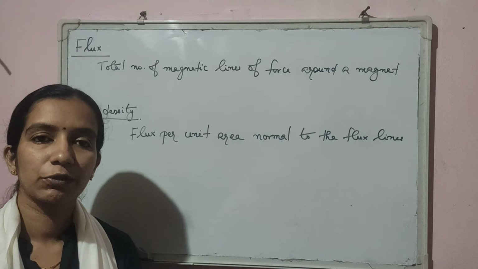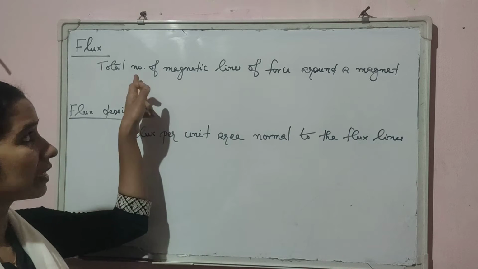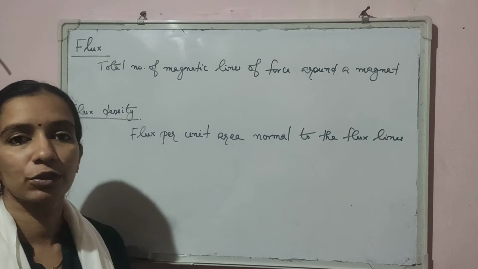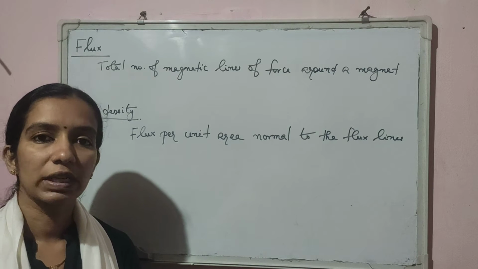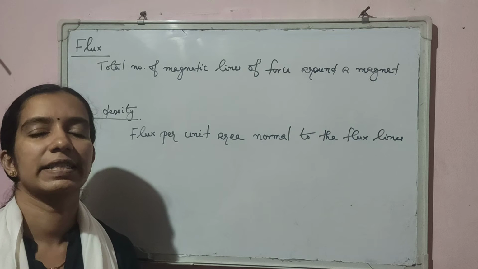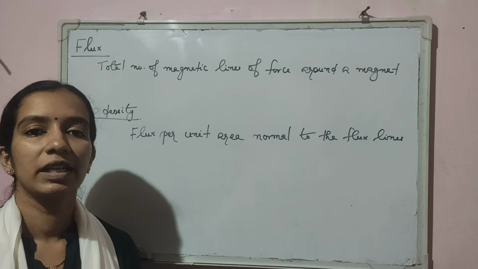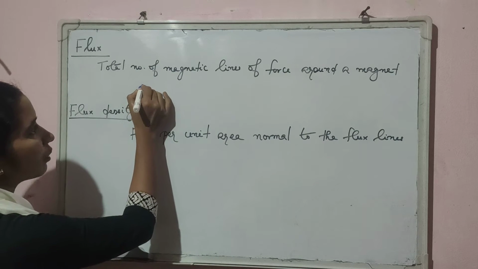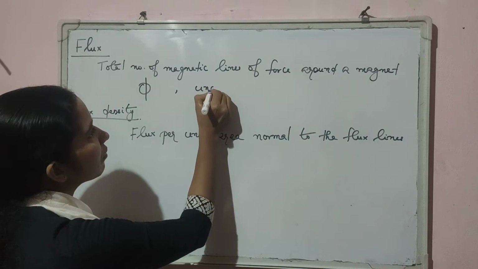Flux is actually the total number of magnetic lines of force around a magnet. It is the total number of flux lines, magnetic lines of force or magnetic flux lines around a magnet. And it is denoted by the letter phi, and its unit is Webers.